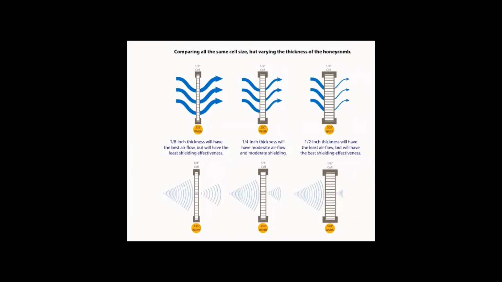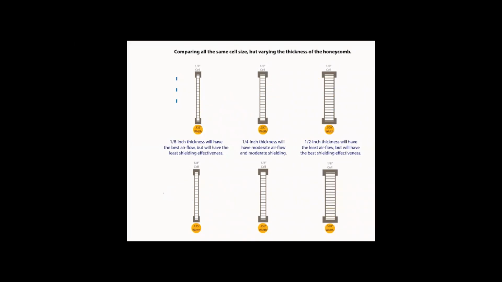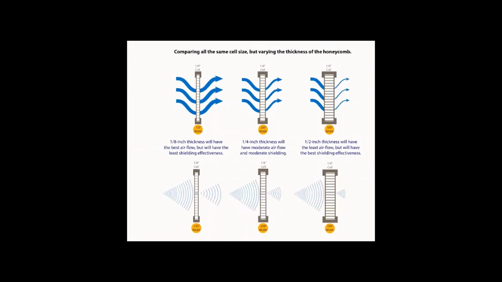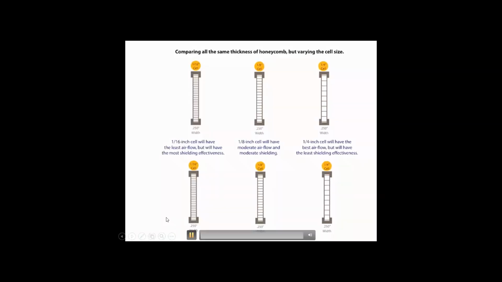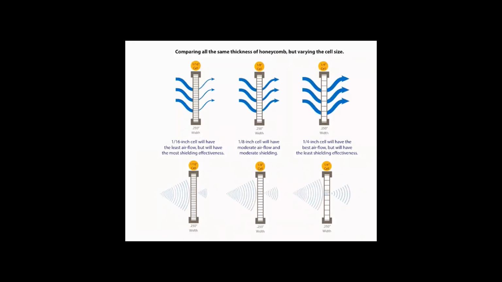So as you can see, the thicker the cell, the higher the shielding effectiveness that you'll see on that bottom row, but also the less of the airflow that you're going to get through it, or a higher pressure drop. And here's a similar animation with things like cell size. So keeping the cell thickness the same, decreasing the cell size is going to give you better shielding, but again, lower airflow or a greater pressure drop across those cells.